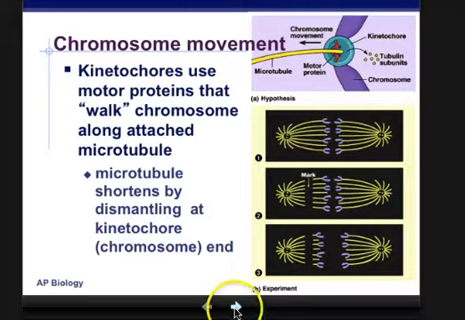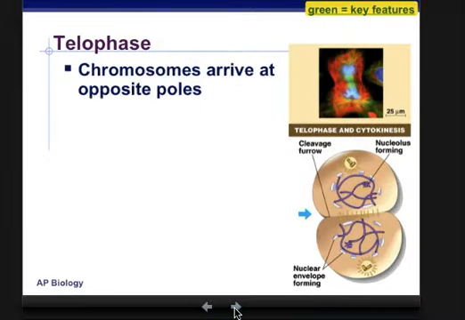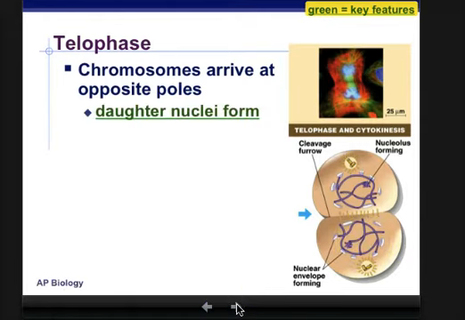Okay, moving on to telophase. Chromosomes arrive at the opposite poles. So the chromosomes have fully moved over to one side and the other. The daughter nuclei form, meaning that we start to get the nuclear envelope to form.